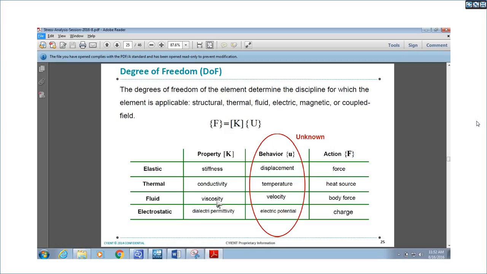In fluid, K is viscosity, U is velocity, and F is a body force. In electrostatic, dielectric permittivity is K, electric potential is U, and F is a charge. This is how the finite element method is used in various disciplines.